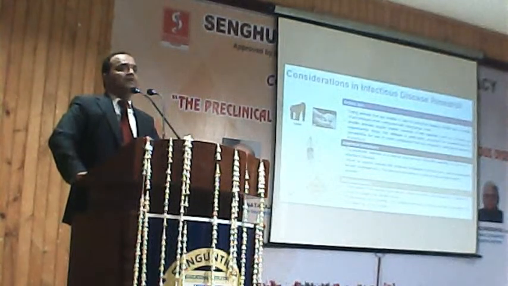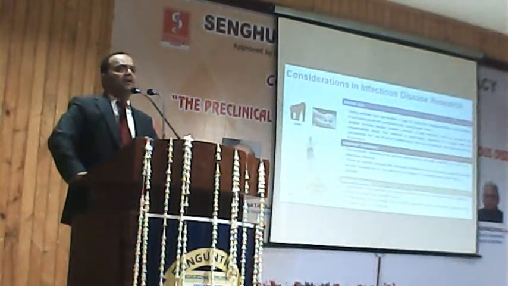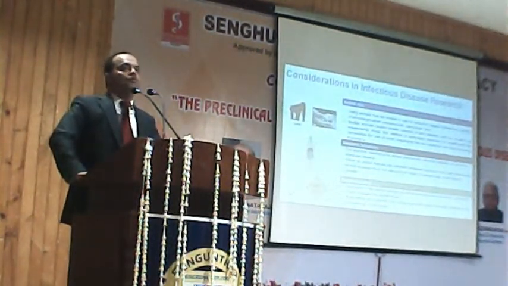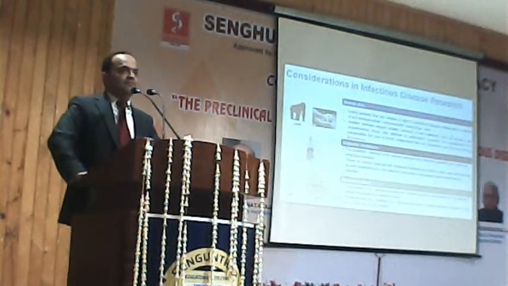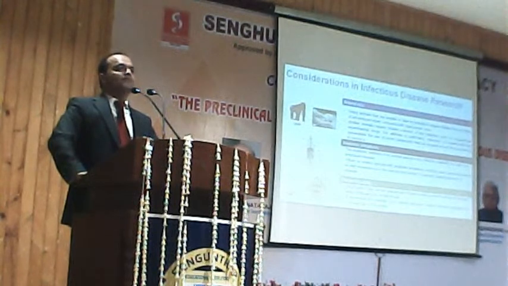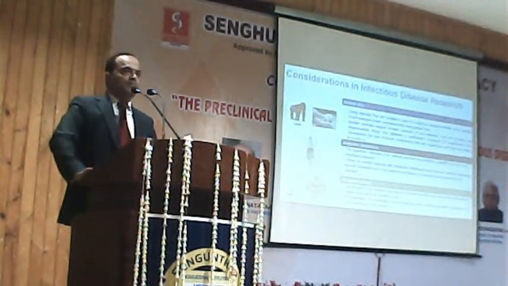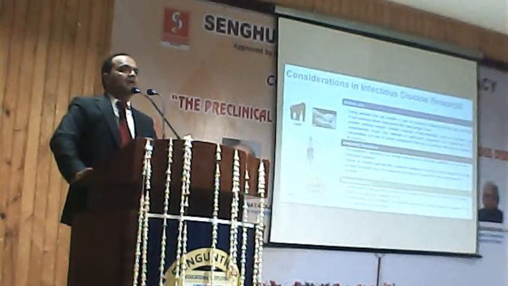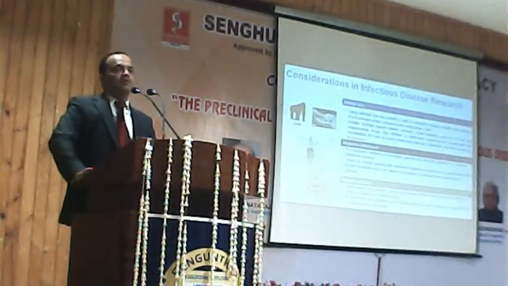We need to have complete knowledge, complete anatomy of the animals before doing infectious disease research. Without that, again, you may end up with failure because of inappropriate knowledge of the anatomy of these animals.